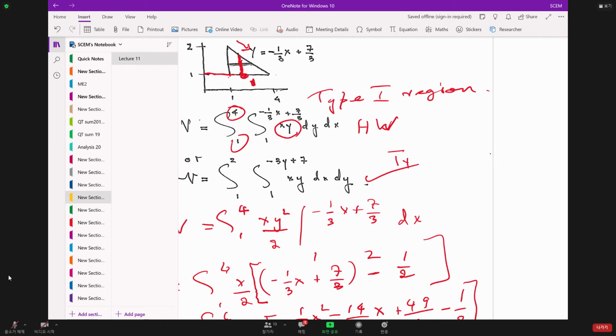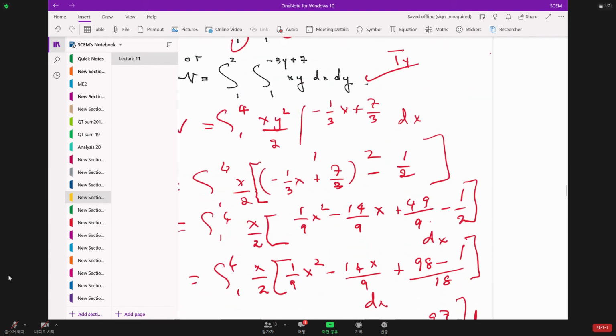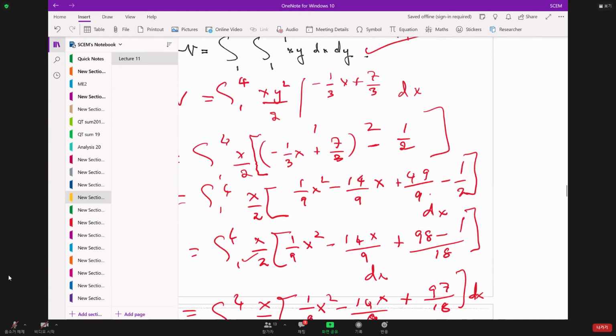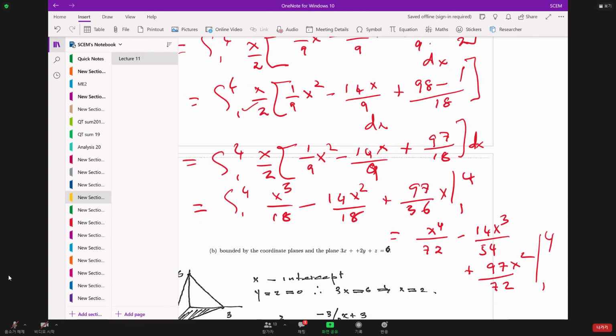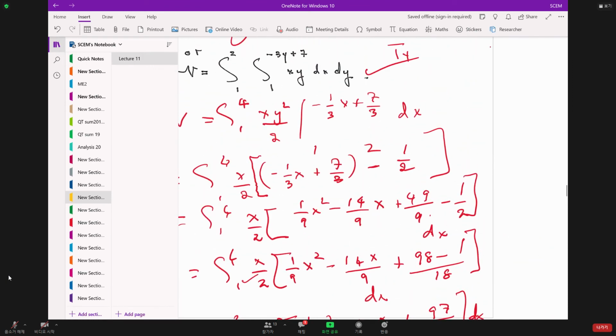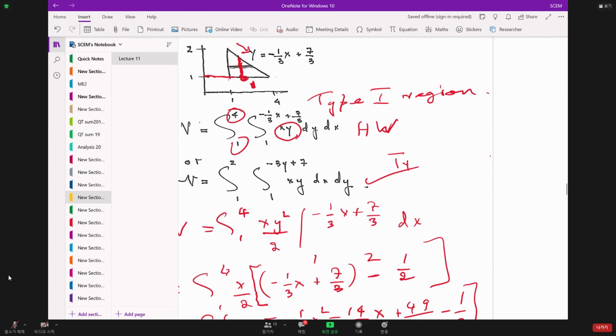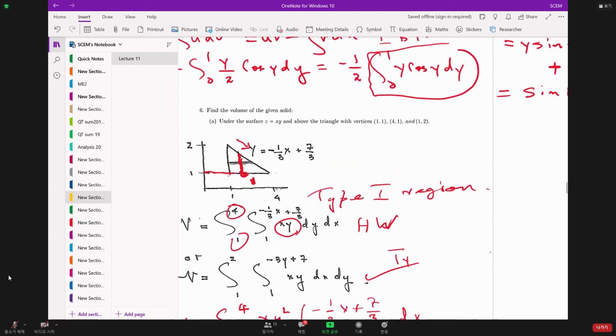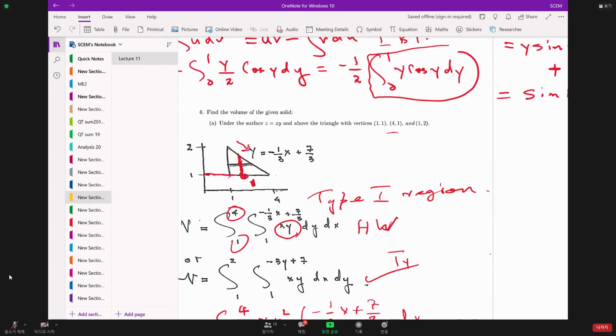Should the constant be 1 or a half? Because I think you take x on 2 to the front. So it's integrate from 1 to 4. Just scroll down a little bit. Yes, here. Second row, yeah, x changes from 1 to 4.